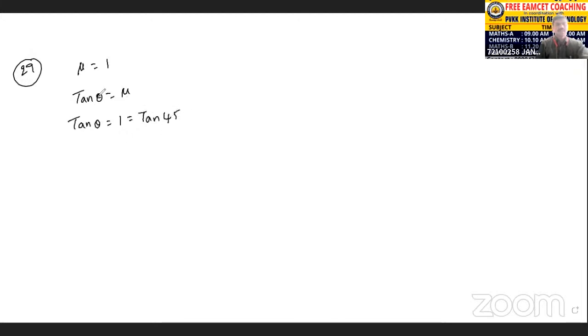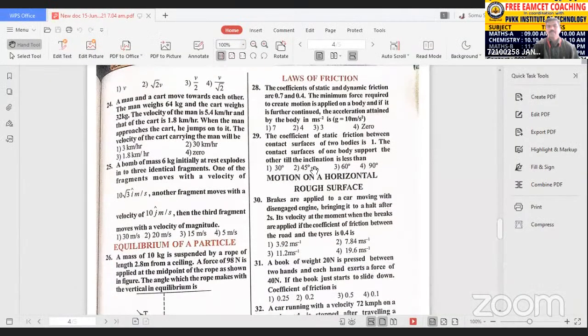So theta is equal to tan inverse of 1, phi is equal to 45 degrees. The angle is 45 degrees. The second option is correct. Next.